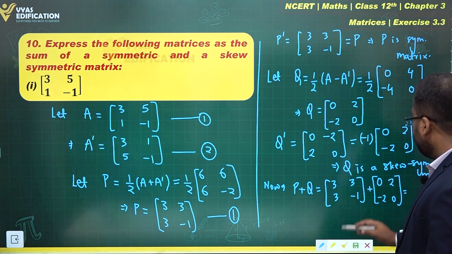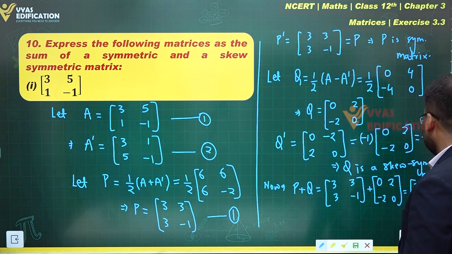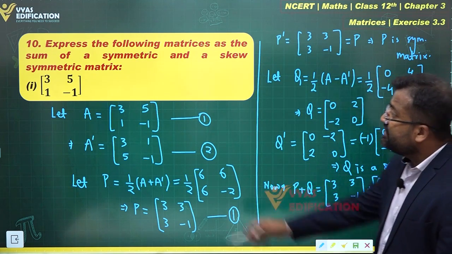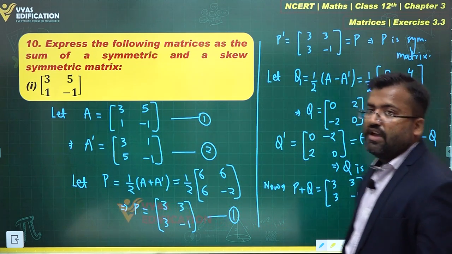The sum, as you may observe, is 3 plus 0 is 3, 3 plus 2 is 5, 3 plus minus 2 is 1, minus 1 plus 0 is minus 1, and this is 3, 5, 1, minus 1, which is the original matrix that we started with. This is equal to A.